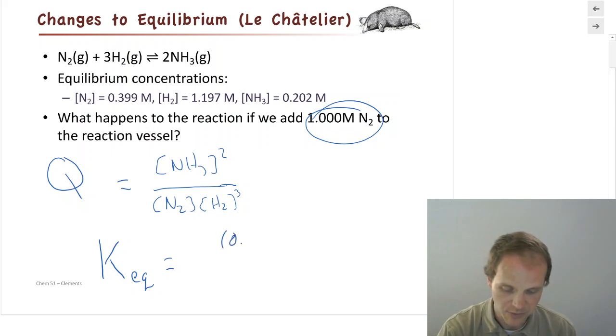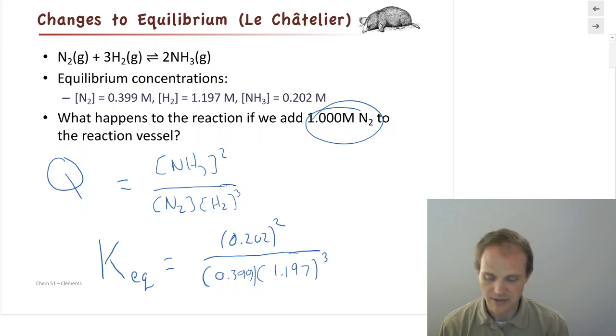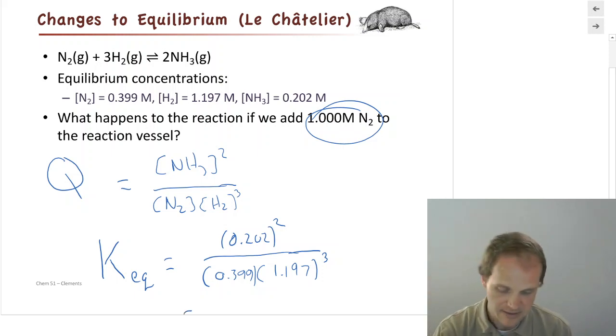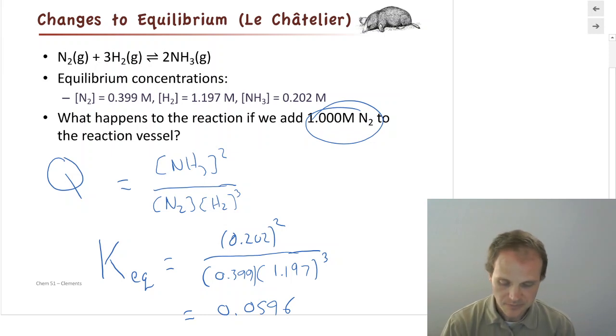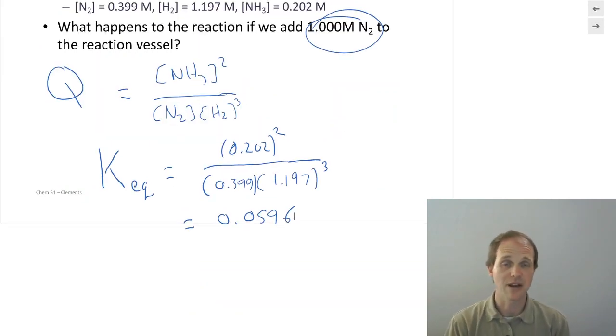We get 0.202, which we square, times 0.399, times 1.197, which we cube because that's our hydrogen concentration. If you do all that work, you get that K is 0.0596.